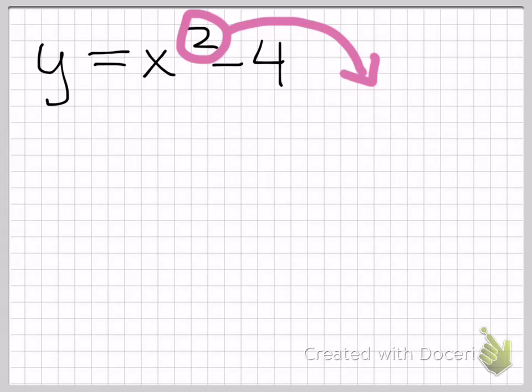This is actually a quadratic equation, which we'll learn about later on in the year, but what you need to pay attention to is the fact that it has a squared with the x. If it was a squared with the y, it would be the same idea, because this is going to be curved and it's going to be not a straight line. So I would say no, this is not a linear equation.